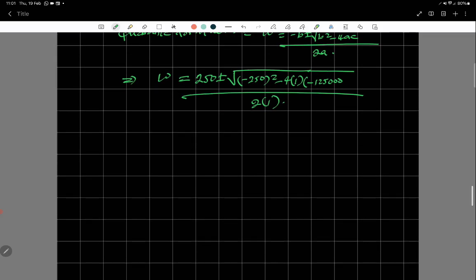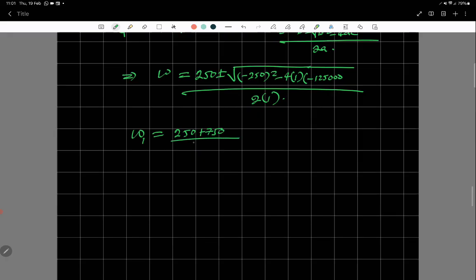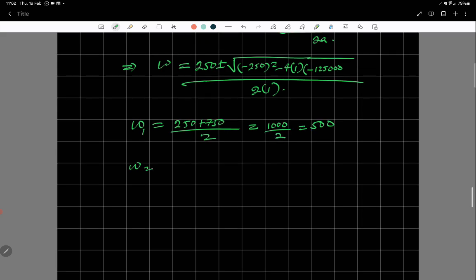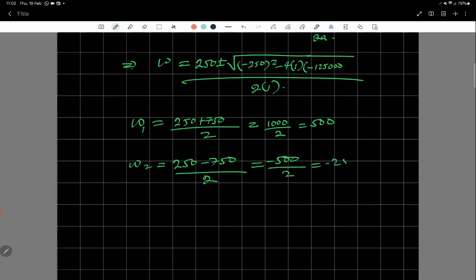which in turn, for simplification, we have W1 is equal to 250 plus 750 divided by 2, which is equal to 500, or W2 is equal to 250 minus 750 over 2, which in turn we get negative 250.